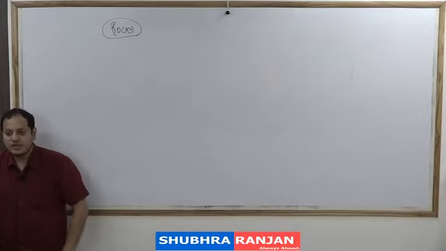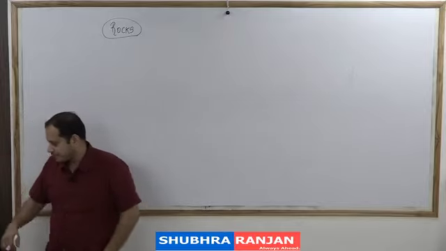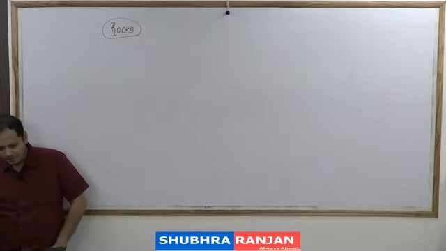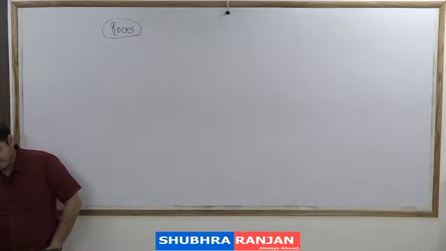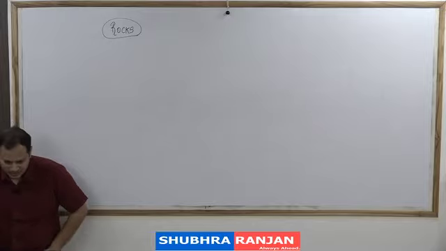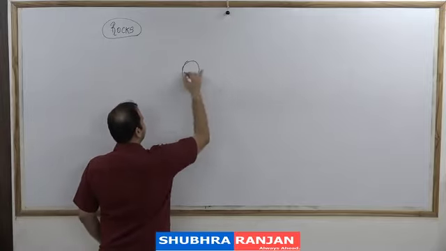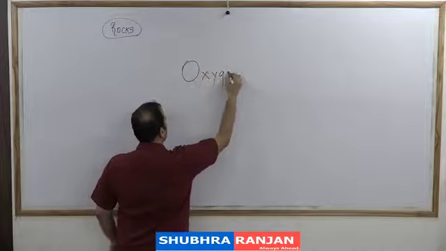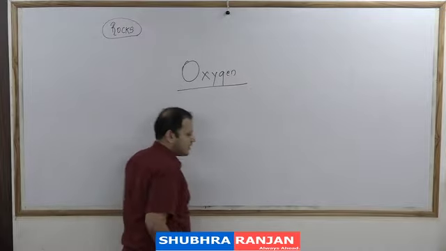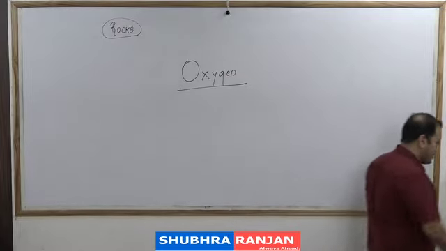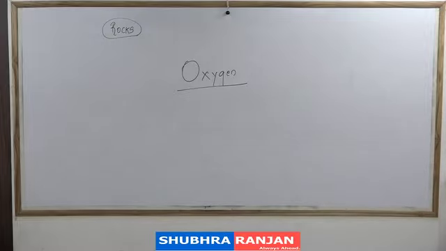One more statement: the most dominant mineral in the earth's crust is which one from the above? Oxygen. The most dominant element in the earth's crust is oxygen.